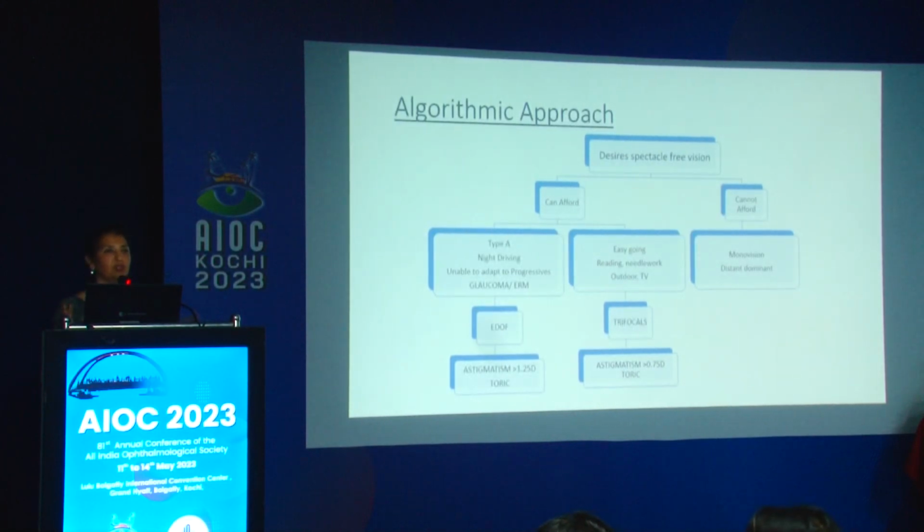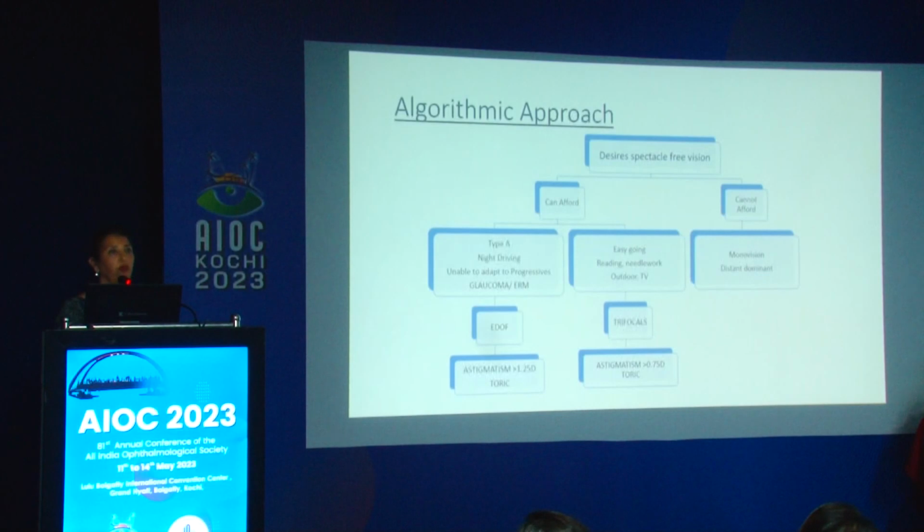Then you should generally have an idea whether the patient can afford it or not. But even if your patient cannot afford it, it does not mean that he cannot have good uncorrected vision without glasses. You can offer them monovision: distance in the first, dominant eye, and slight overcorrection in the second eye.